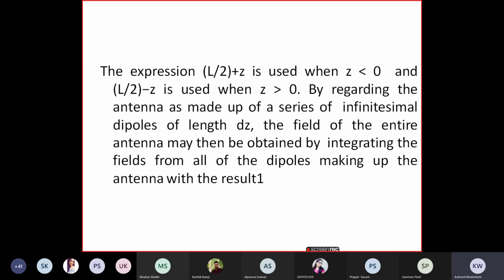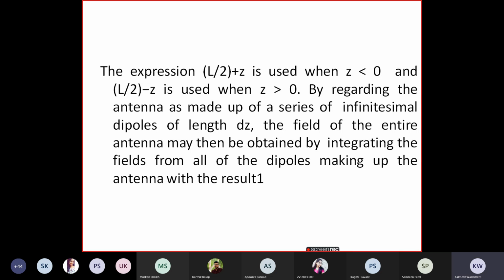Here the expression L by 2 plus Z is used when Z is less than 0, and L by 2 minus Z is used when Z is greater than 0. Here we consider an infinitesimal length on that particular dipole. With respect to this infinitesimal length, we integrate to derive the total electric field or the total magnetic field over the dipole.